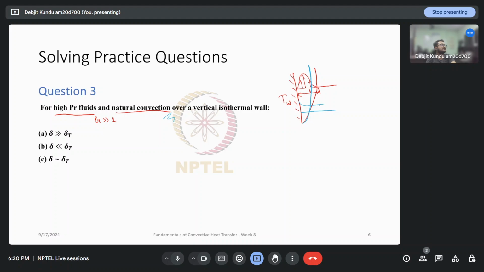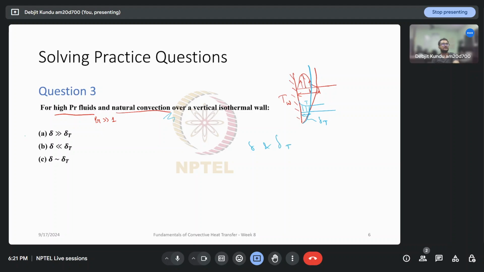We're doing this for a hot wall, so yeah. So this is what the thermal boundary layer would look like, and this would be given by the thermal boundary layer thickness delta T. So what should be the relationship between delta and delta T?